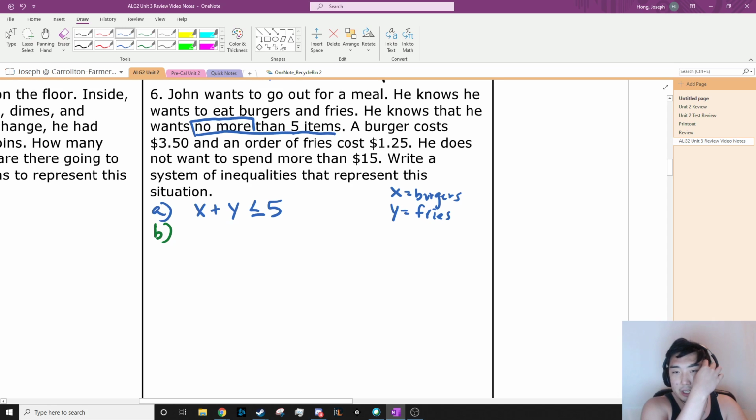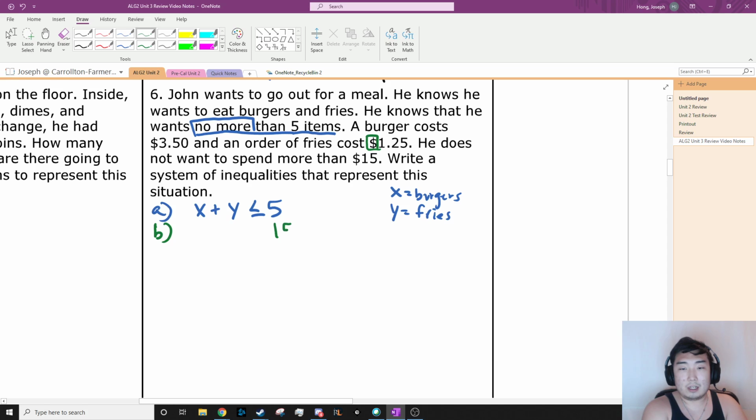So the other thing he's talking about is money, which I will write in green. He's talking about money, and he's talking about the quantity of price. So a burger costs $3.50, and order of fries is $1.25. He does not want to spend more than $15.